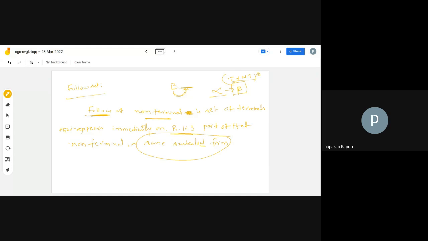So that RHS part of the production which we are using is called a sentential form.